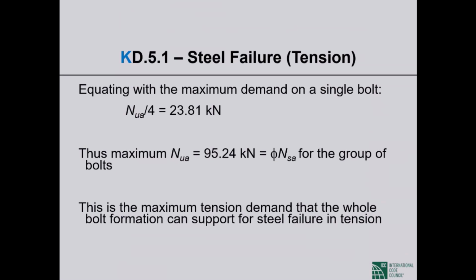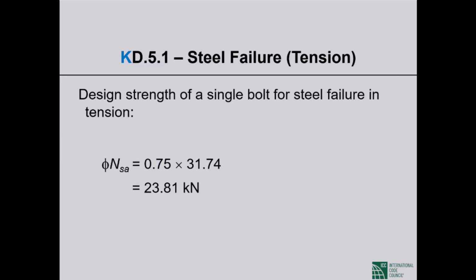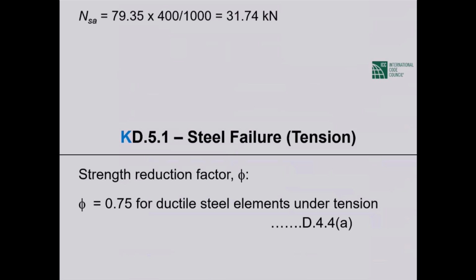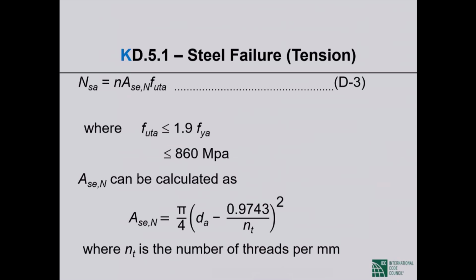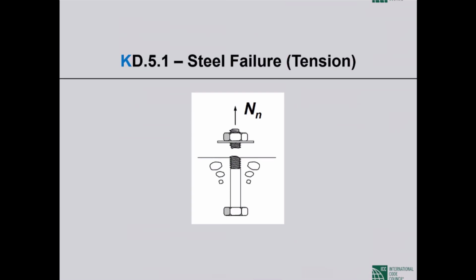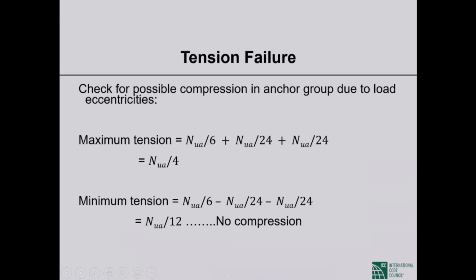Okay. Now, remember the maximum tension that any anchor in the group of 6 was subject to is 1/4 of the tension applied to the group.